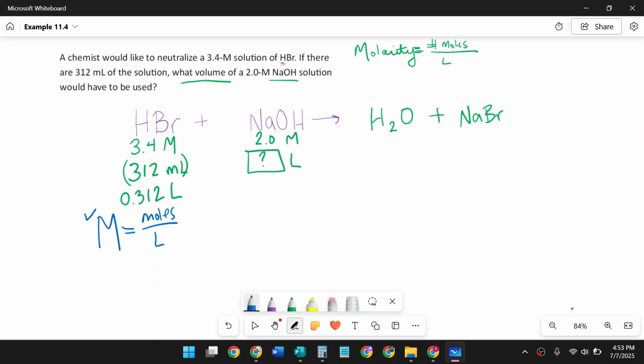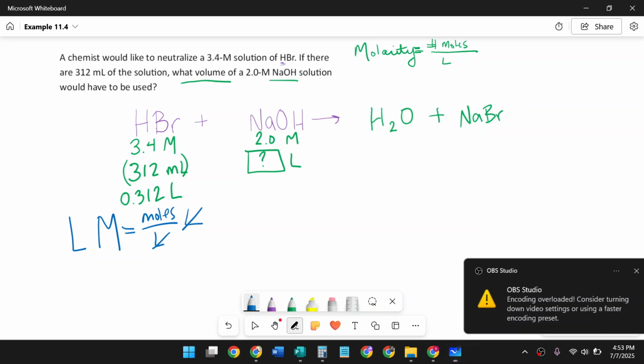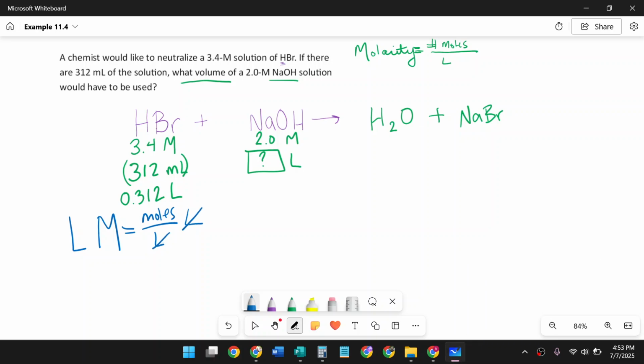So what we're going to do is rearrange this. We're going to take the L and multiply it by both sides so that it cancels out, and then all we're left with on this side is moles. And in fact, instead of writing an L, it is in liters, but I'm going to put volume over here.